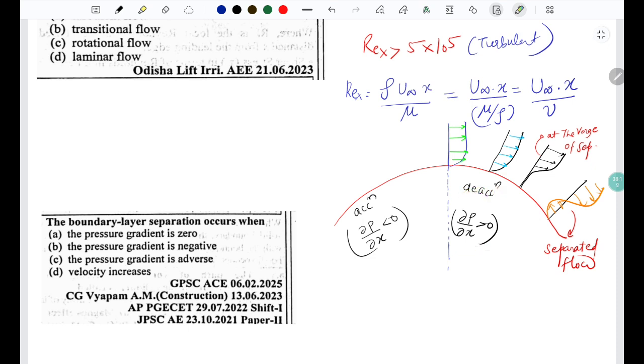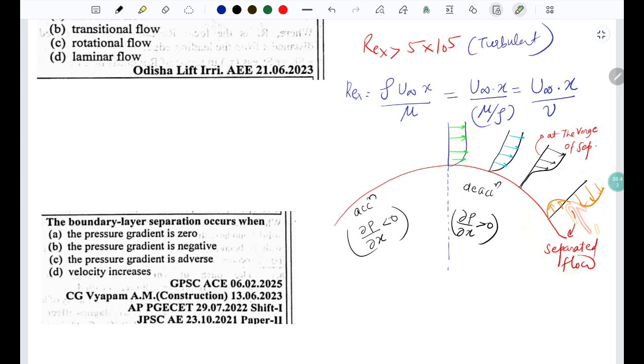But what it does to the velocity is it decreases the velocity, and hence the velocity profile starts changing after this point. Here comes a point where the flow is at the verge of separation. Hence you could see that in this region the velocity gradient at the wall has already turned 0, and here comes a point where the flow has started separating.